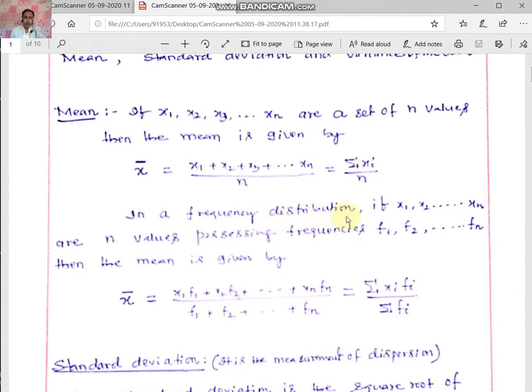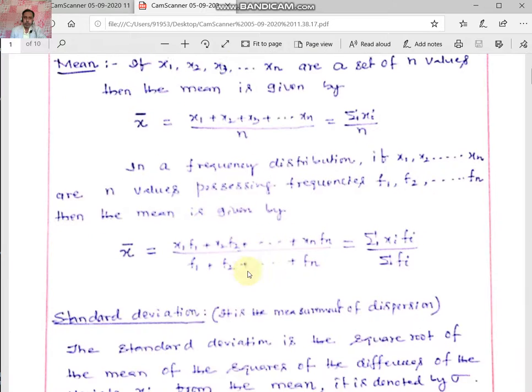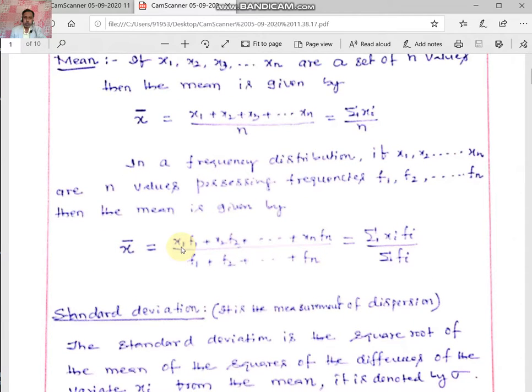In a frequency distribution, if x1, x2, xn are n values possessing frequencies f1, f2, fn, then the mean is obtained by x bar is equal to the sum of the products of xi and fi, that is x1 f1 plus x2 f2 plus so on xn fn, divided by the sum of all frequencies f1 plus f2 so on plus fn, that is equal to sigma xi fi divided by sigma fi.